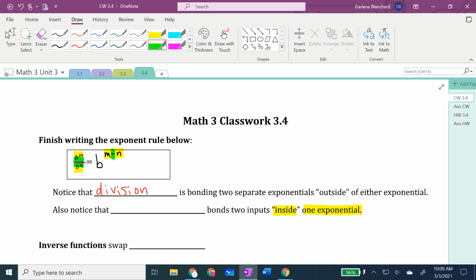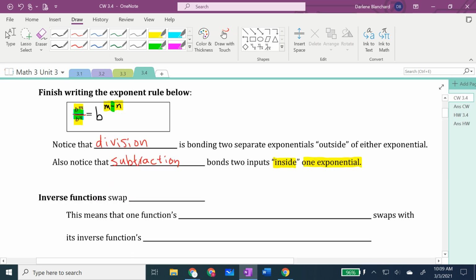Good. Subtraction. And it is definitely worth repeating.